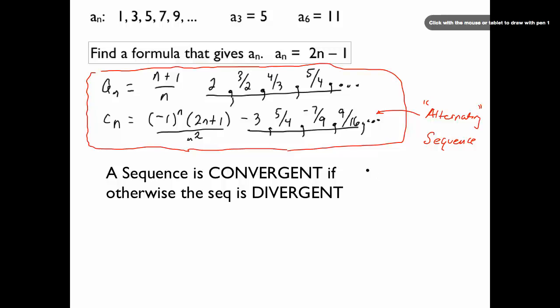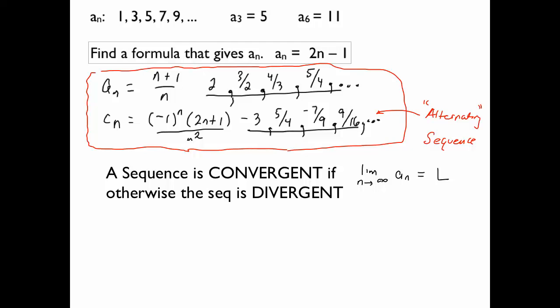A sequence is convergent if the limit as n gets very, very large of a sub n equals some finite value L. It's like we keep getting closer and closer to a value L, and you can choose any amount of closeness that you want, and as long as you go far enough out in the sequence, you'll get that close.